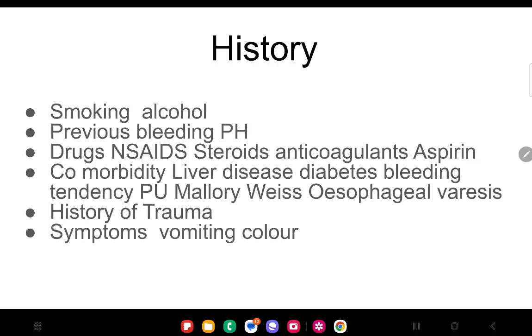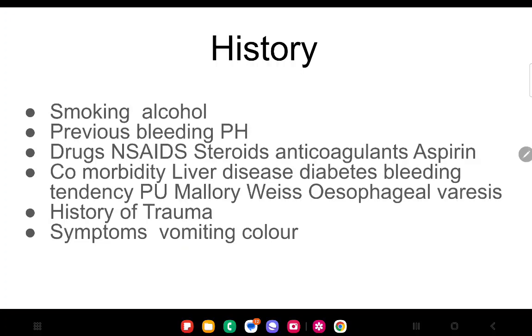The history: you have to take a good history of whether the patient is a smoker or non-smoker, because smoking makes the bleeding excessive and is a risk factor for bleeding.